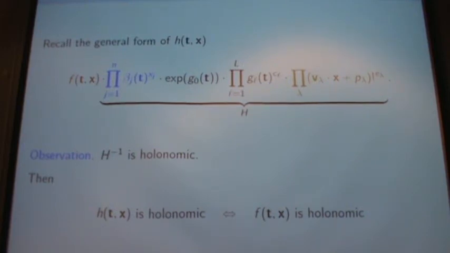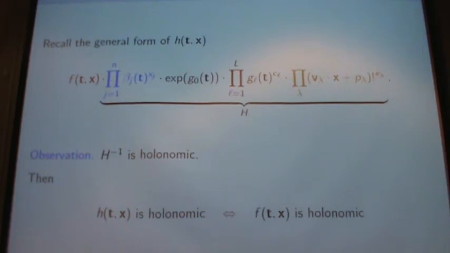Now, to prove that any holonomic function h, hypergeometric function h, is proper, we will try to reduce the conjecture to the rational case. So the main observation is: if this is the general form of any hypergeometric function, then one can check that this part is holonomic and its inverse is still holonomic.